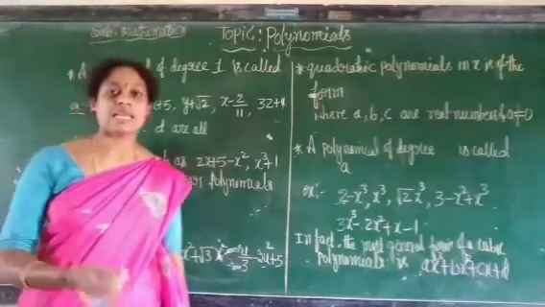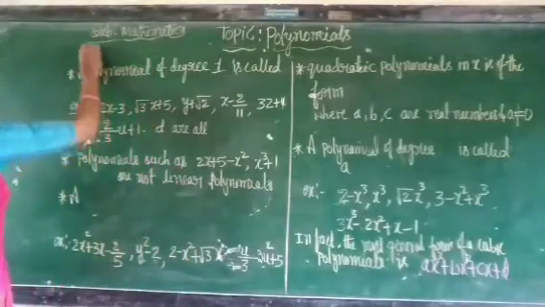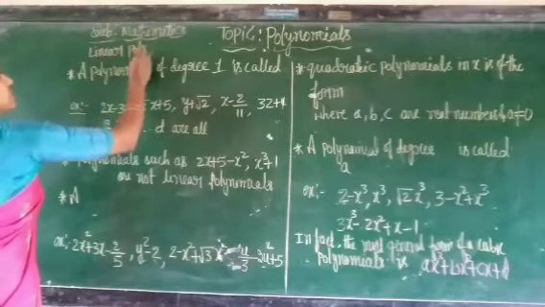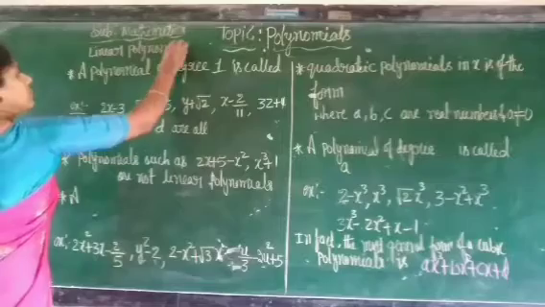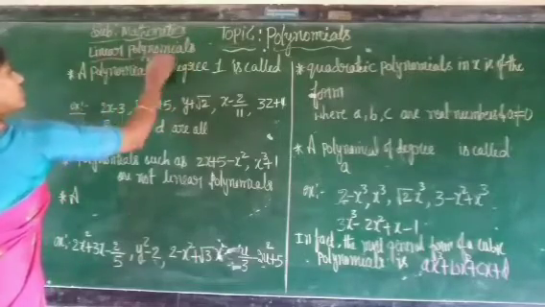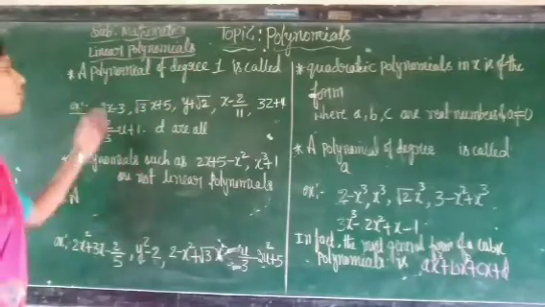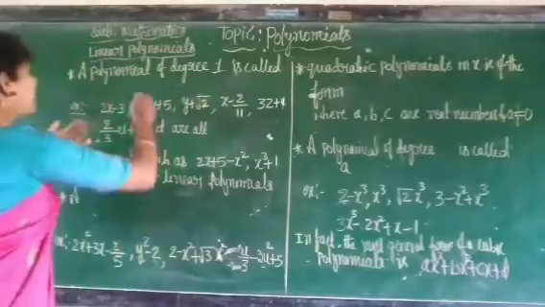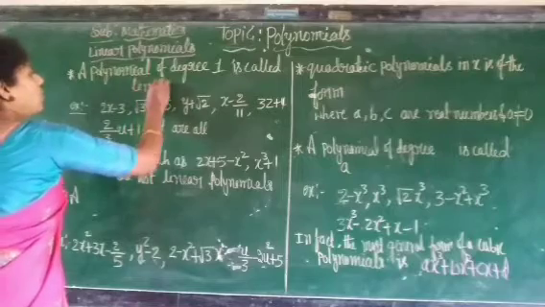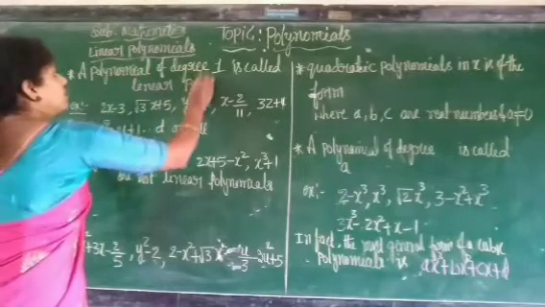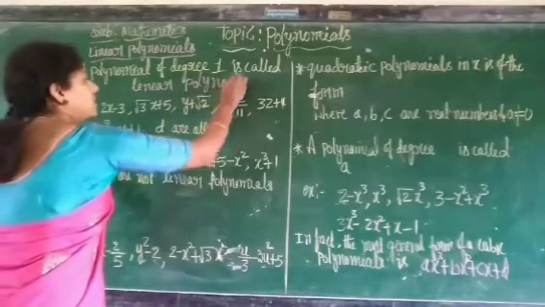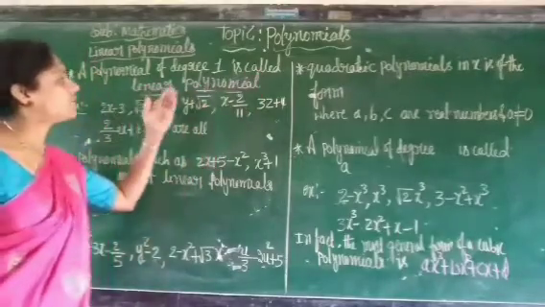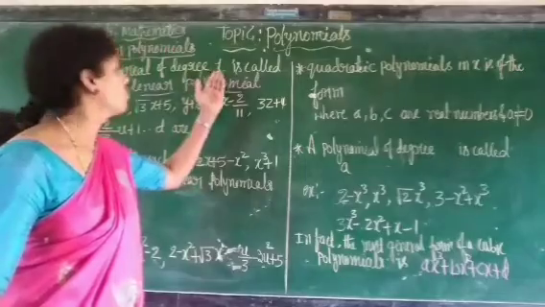Next one, linear polynomials. A polynomial of degree 1 is called a linear polynomial. You can observe the linear polynomial degree is 1.